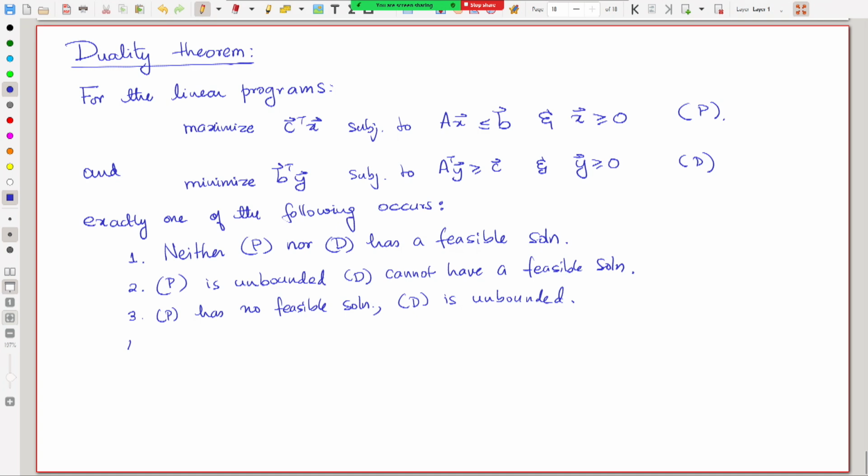Okay, and the most interesting case is when both have feasible solutions.